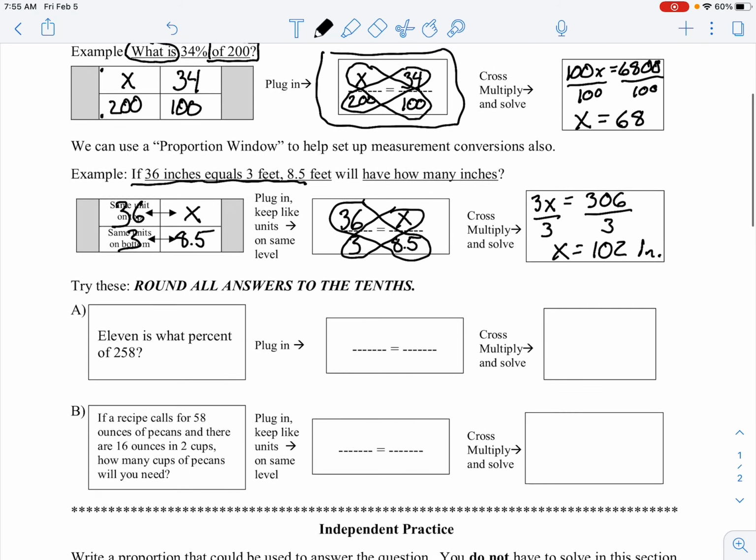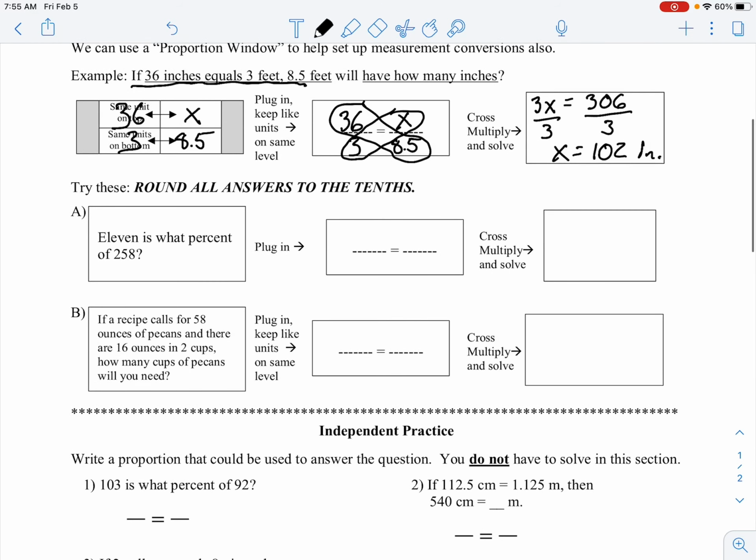All right, so now we just have a couple more examples here. We can start treating our ratios here just like our window. So we have our top left corner, bottom left corner, top right corner, bottom right corner. So there's our is number there, so 11 will go up top.